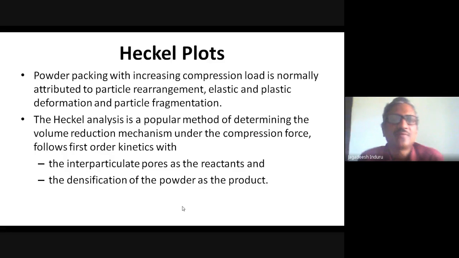This type of rearrangement will happen in our pharmaceutical equipment also, because when we are operating a tablet compression machine at high speed, it gets vibrated. Because of that vibration, a rearrangement takes place, and voids are getting filled. So increasing the compressional load first leads to particle rearrangement.